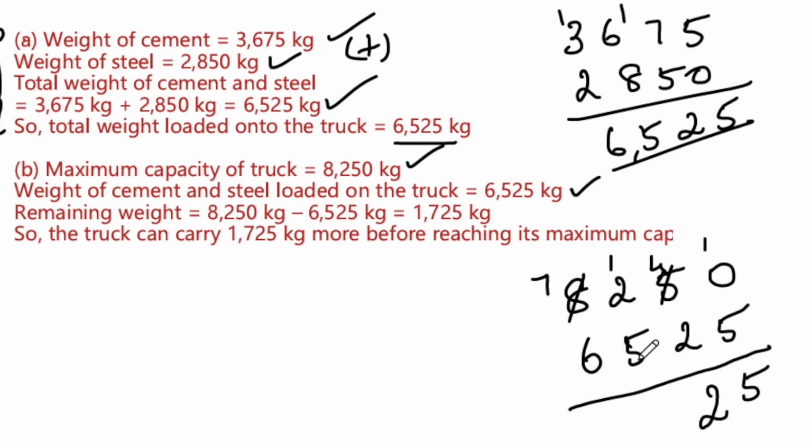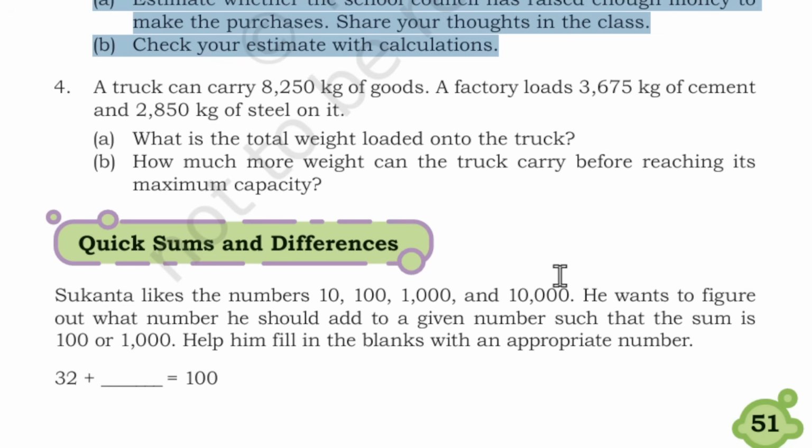So 5, 6, 7, 8, 9, 10, 11, 12. 7. 7 minus 6 is 1. So 1,725. Okay. So the truck can carry 1,725 kg more before reaching the maximum capacity of 8,250 kg. Okay, students.